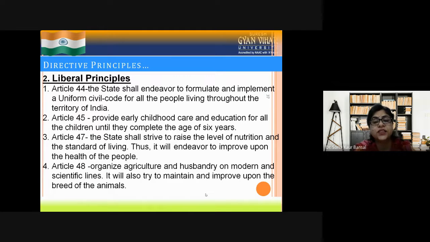Thus, it will endeavor to improve upon the health of the people. And Article 48 is about organizing agriculture and husbandry on modern and scientific lines. It will also try to maintain and improve upon the breed of the animals. So, this is about articles which are related to liberal principles.